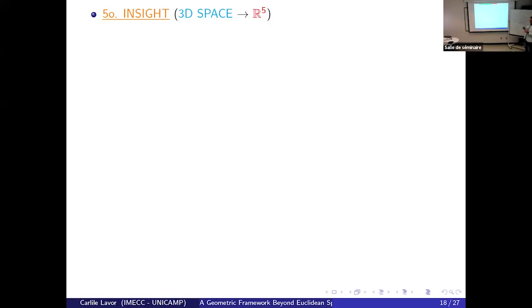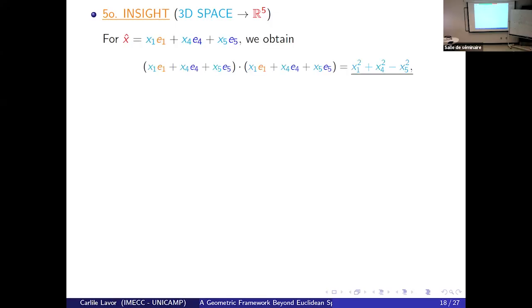Why? Because when you use E4 and E5, we have an orthogonal basis, and this is better in order to visualize. So we will come back to the basis E4 and E5. So this is our presentation, and I know the properties that we have. Just doing the calculation, we obtain this relationship between the coordinates of the vectors.